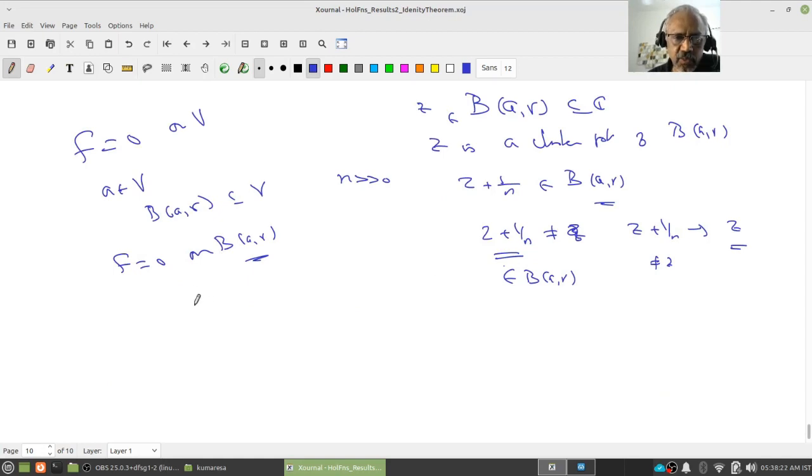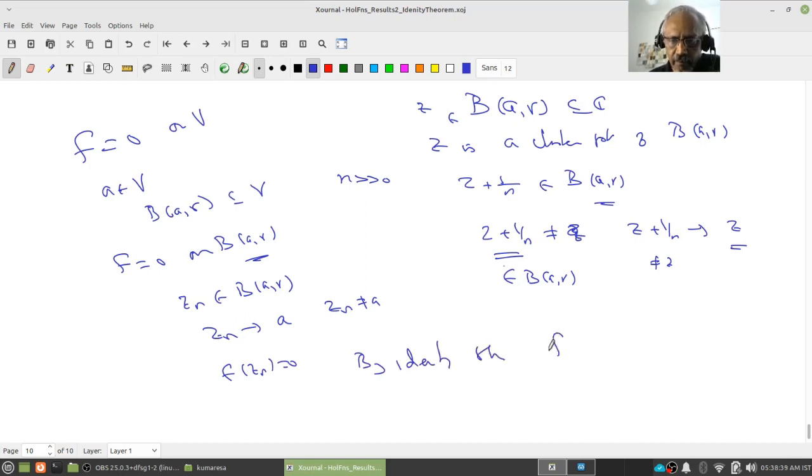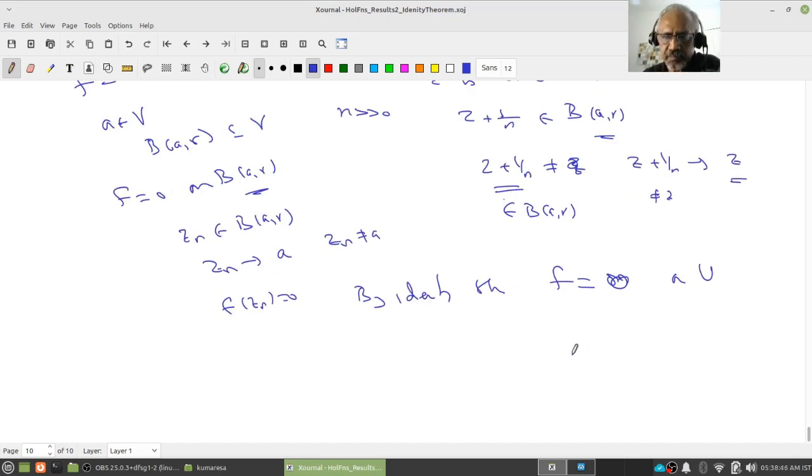Then there exists a sequence zn in B̄ so that zn converges to a, the zn are different from a, and f of zn are 0. Therefore, by the identity theorem, f is 0 on U, because U is open and connected.